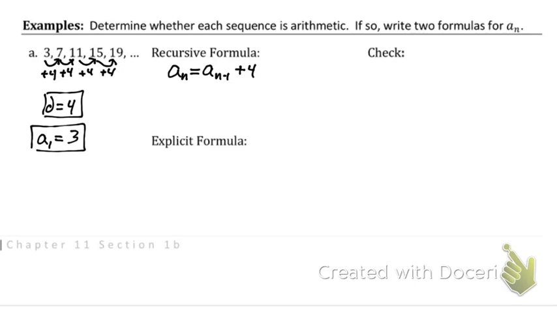We also have to put one more thing in our recursive formula. A recursive formula, you have to know what your first term is going to be. So in a recursive formula, when we actually have numbers, we should say a sub 1 equals 3. So we need to write where it starts. We need to write the starting point.